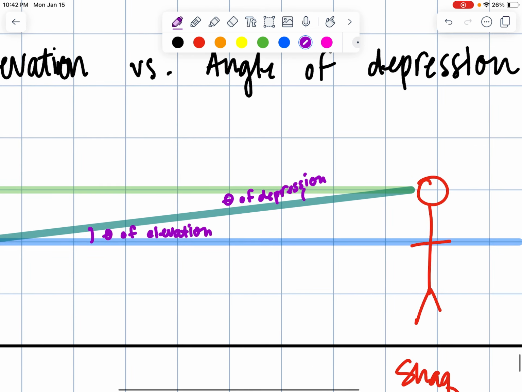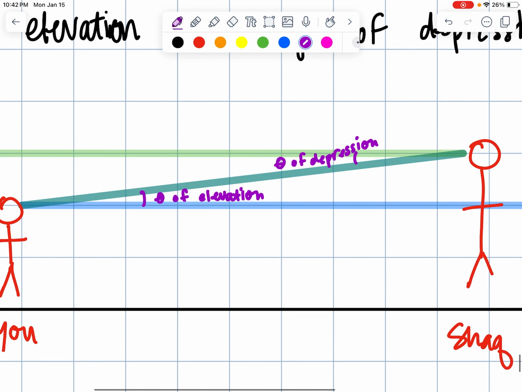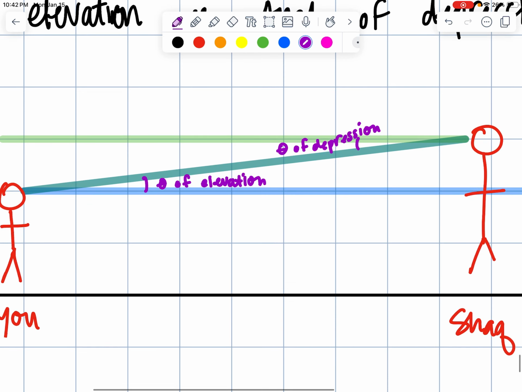So those are two very, very subtle things that are related to each other because, ironically enough, these angles are congruent to each other. If you remember from geometry, if you have a set of parallel lines and you have a transversal, these two angles, elevation and depression, are alternate interior angles. They are congruent.